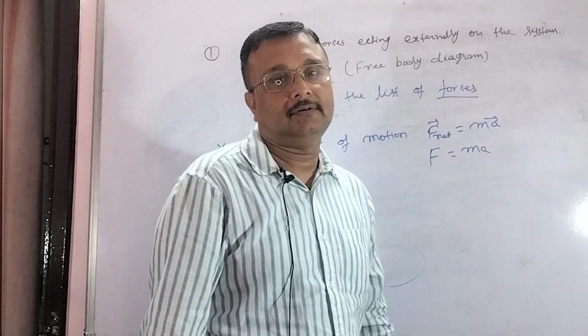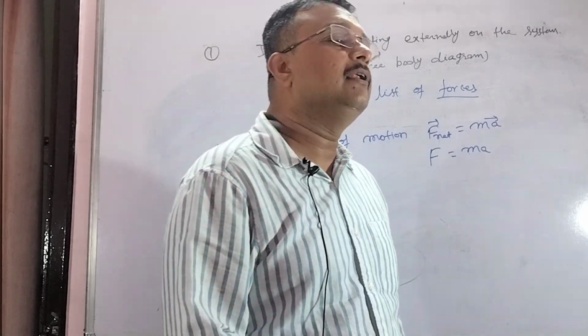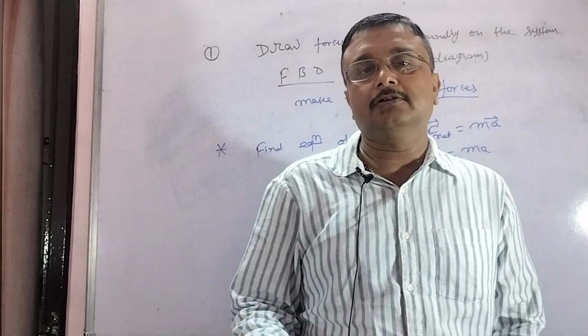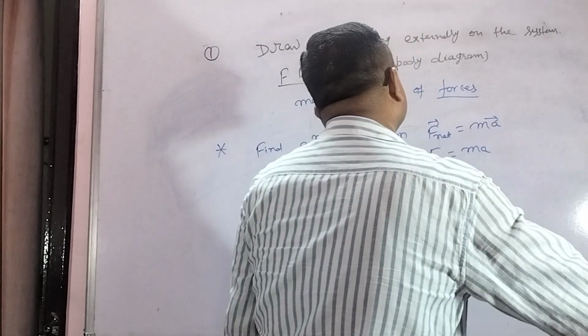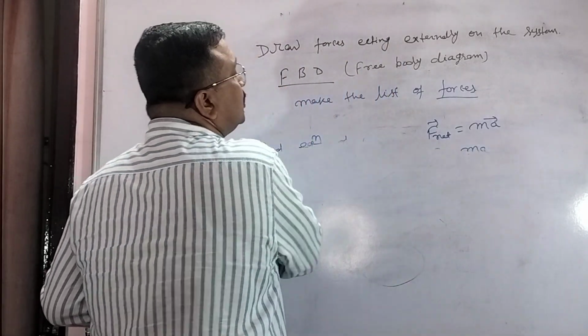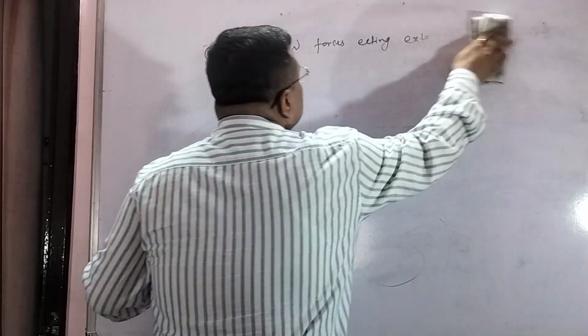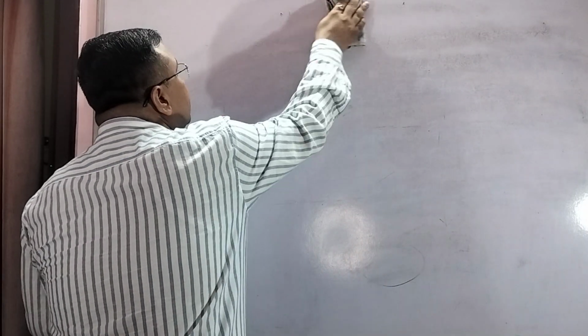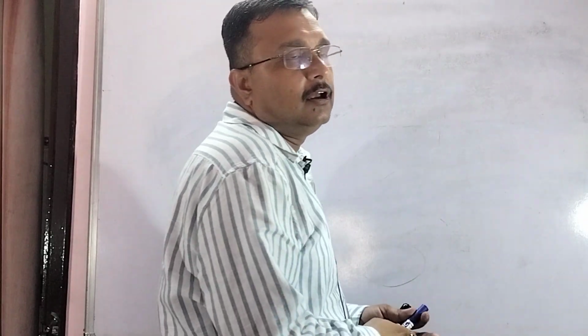But in two dimensional motion, when the particle has an x component and a y component also, what should we do there for our analysis? We shall write different equations in two directions.